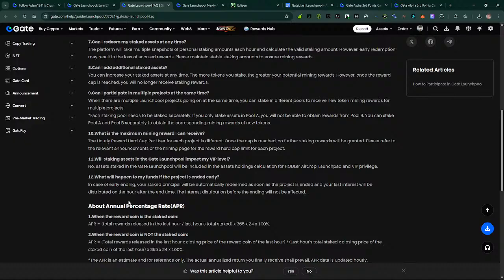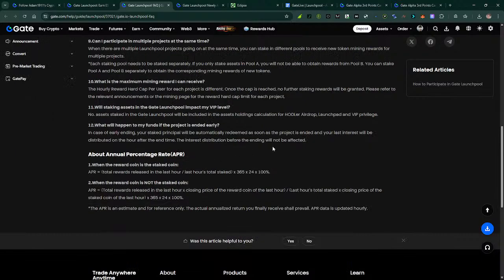So this is already related to Simple Earn, and the mechanism follows the Simple Earn one. In case the project is ended early, definitely you will be getting the rewards from the last hour. You may miss the current hour's reward, but you will definitely get the last hour's reward.